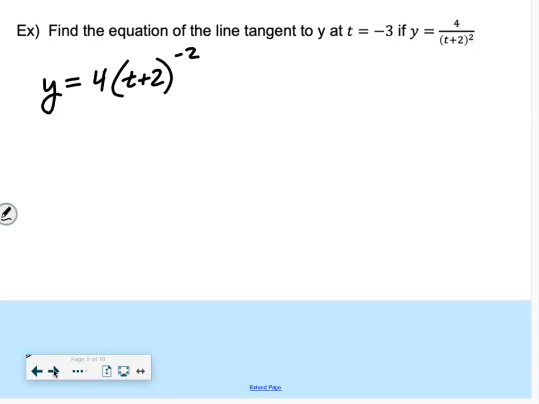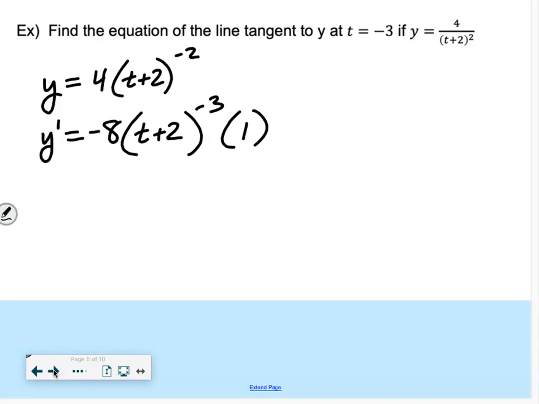So for this, our y prime would be negative 8 times something to the negative third. What's the something? It's the guts, t plus 2, times the derivative of the guts, which in this case is just 1. So our derivative is negative 8 over (t plus 2) cubed.